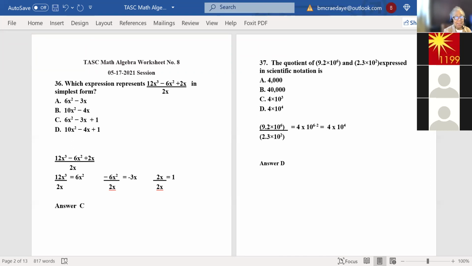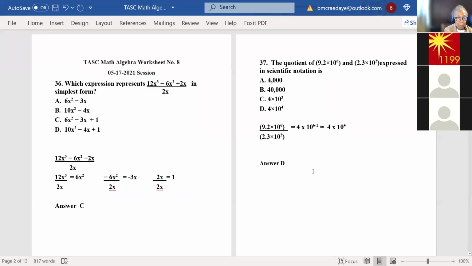If it didn't say scientific notation and just asked which of these could be the quotient, then you would have B or D. I could have worded it where it didn't say scientific notation, and there would be more than one answer. It could be 40,000 or 4 times 10 to the 4th.